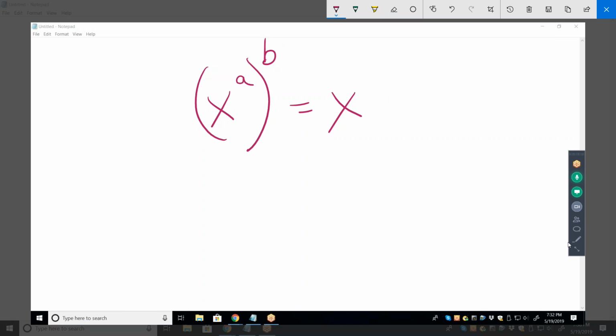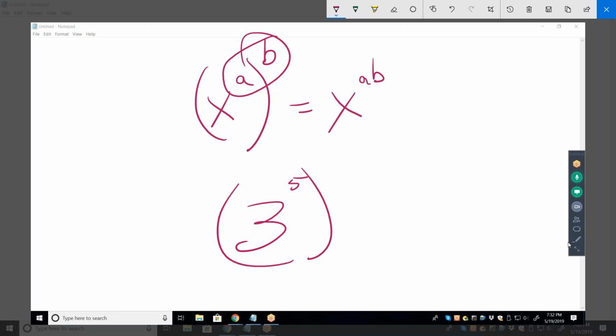You're replacing the exponents by multiplying them. Okay, so if I have 3 to the 5 all to the 7th power, what's that equal to? That'd be 3 to the 35th, right? 3 to the 35th, yeah. Okay.